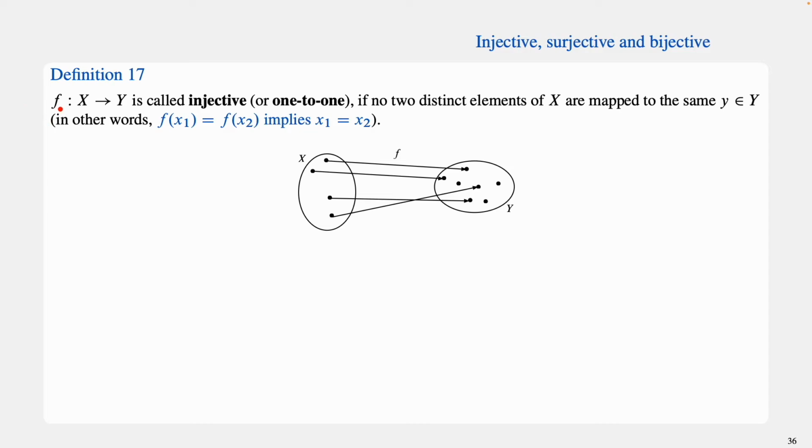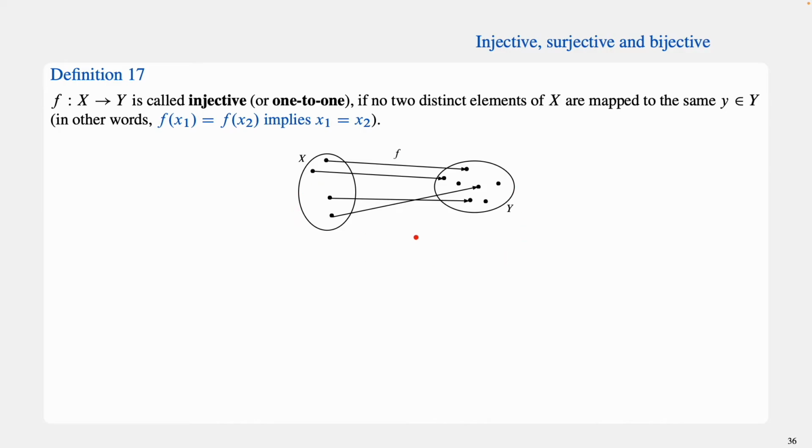So, if a map f from x to y is given, it is called injective, or also one-to-one, if no two distinct elements of the input set x are mapped to the same output value y. Or, somewhat more concisely, if f of x1 equals f of x2, then x1 must equal x2.